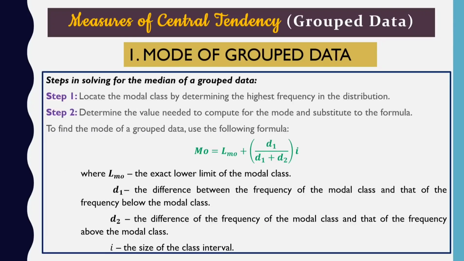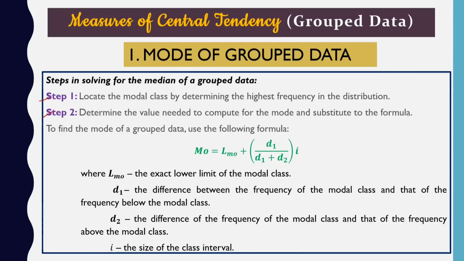The next measure of central tendency is the mode. In ungrouped data, we simply identify the mode based on the number which occurred the most. So for grouped data, it is also easy to solve for the mode.